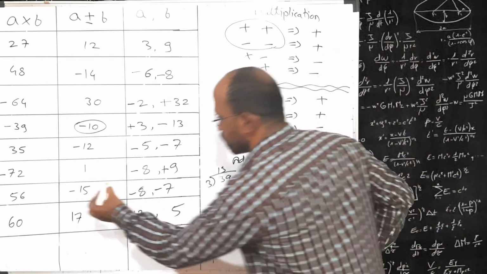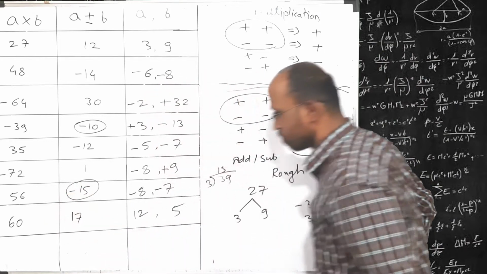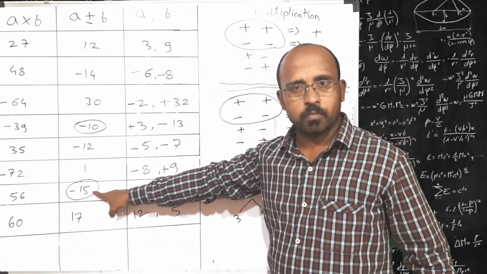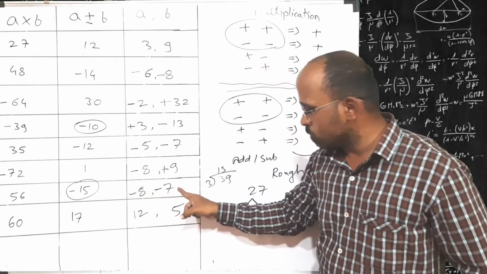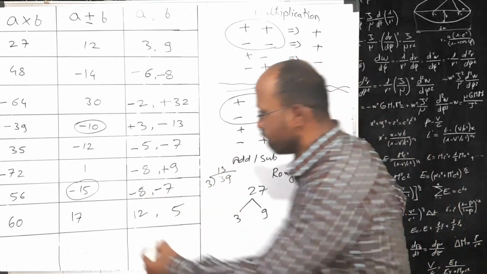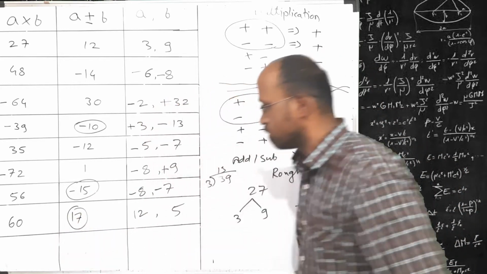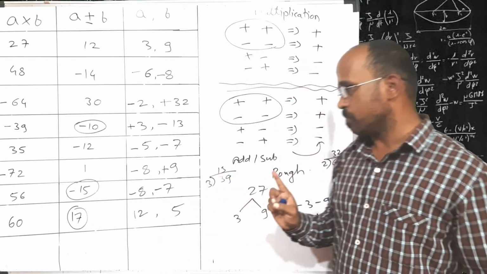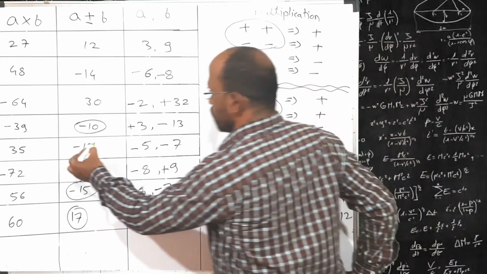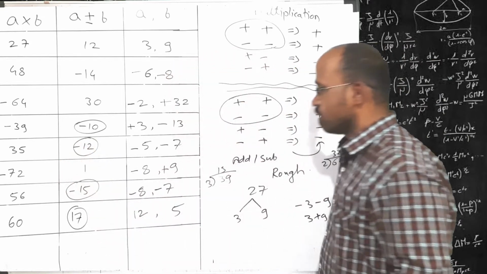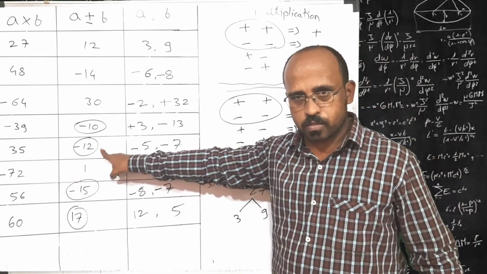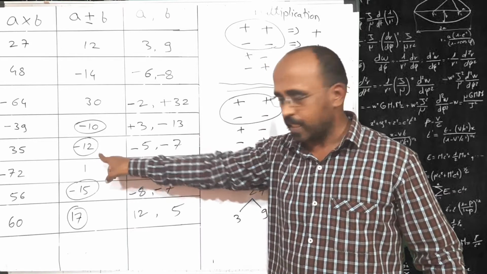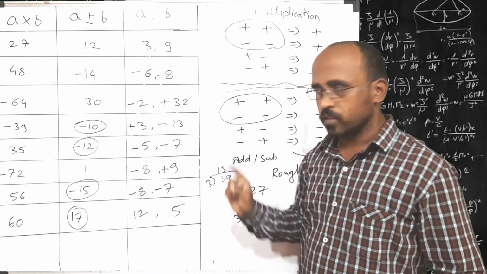Here we are doing addition. The symbol of the middle number is negative, so the symbol of both factors is negative. Here we are doing addition. The symbol of the middle number is positive, so the symbol of both numbers is positive. Here we are doing addition. The symbol of the middle number is negative, so the symbol of both factors is negative.